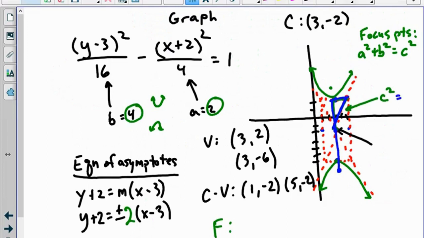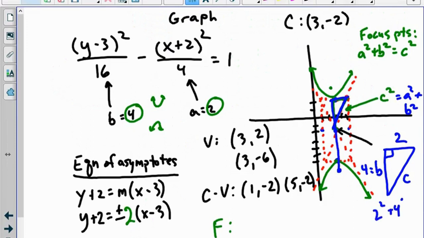So c squared equals a squared plus b squared. So if I draw this a little bit bigger on the outside, the x radius, if we want to call it that, that's not really a great term for this, but that would be 2 because we had a equals 2, b equals 4 in this problem. And then our job is to find c. So that would be 2 squared plus 4 squared, which is 20. So our focus is the square root of 20, which we can reduce to 2 square root of 5.